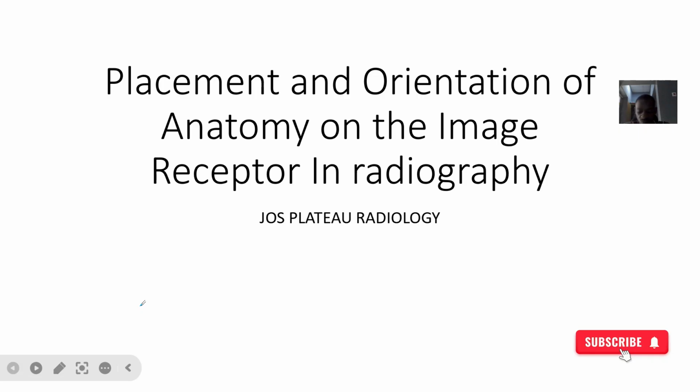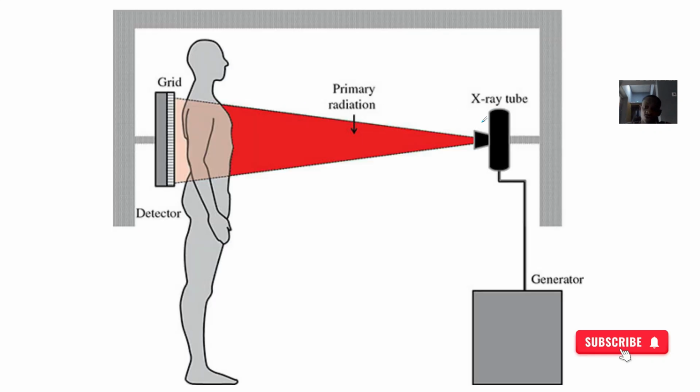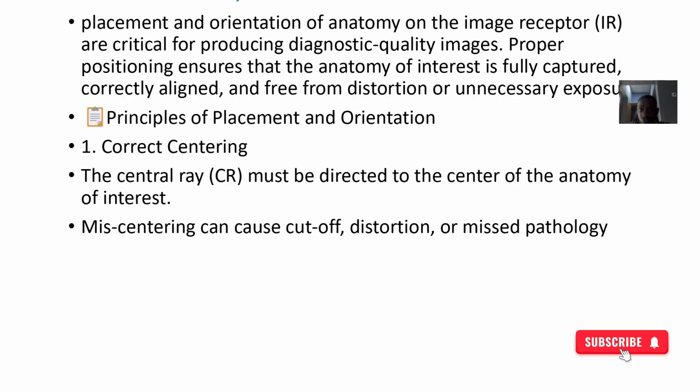This is what is known as placement and orientation of the anatomy on the image receptor in radiography. It is the connection between the light source, the patient's body, and the image receptor. So placement and orientation of the anatomy on the image receptor are critical for producing high quality images.